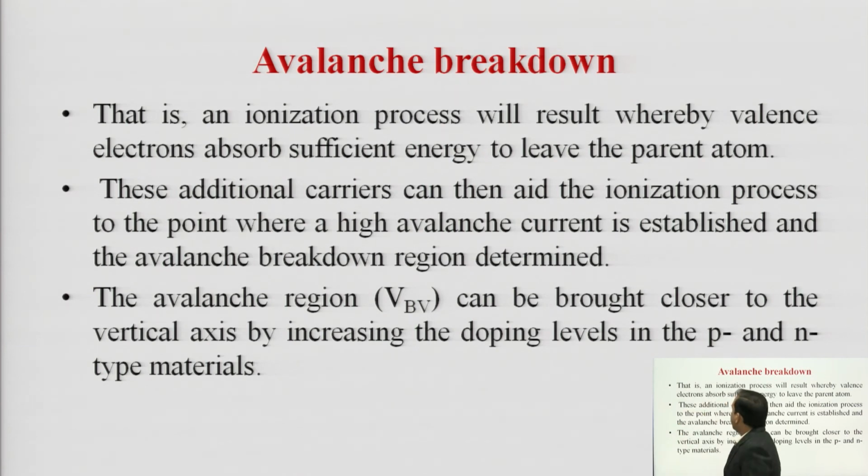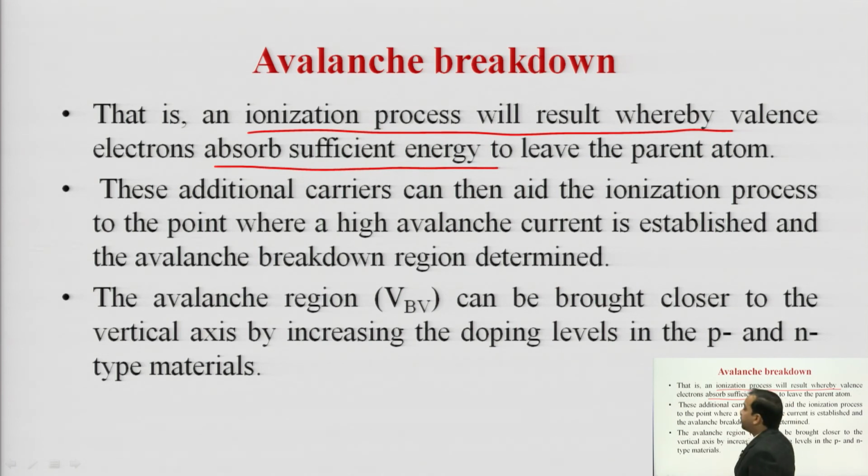So, this is the whole process for the avalanche breakdown. Here we can again see that the ionization process results whereby the valence electrons absorb sufficient energy. This energy comes from the kinetic energy, and due to this they leave the parent atom.